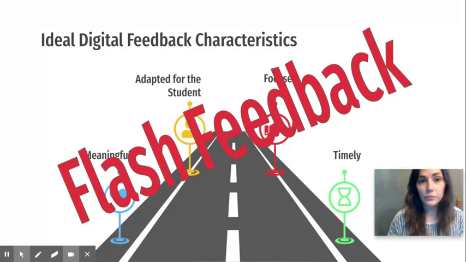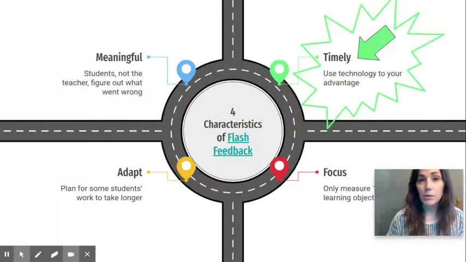To address all of those characteristics, there is a technique called flash feedback. Flash feedback is not really a new idea, but it's nice to be reminded of when we're in this virtual environment. There are four characteristics of it.